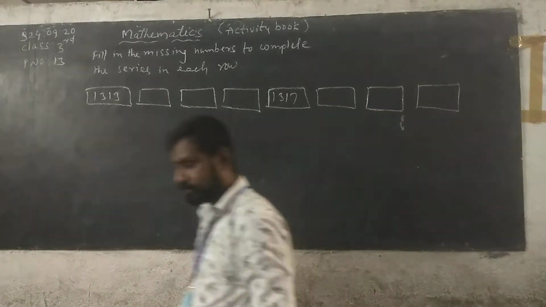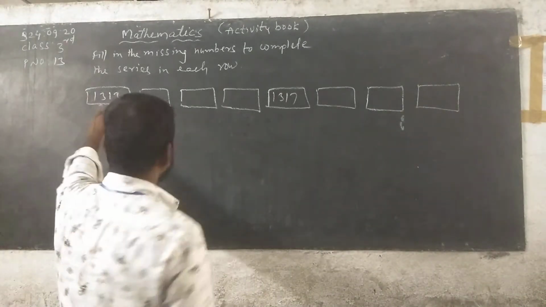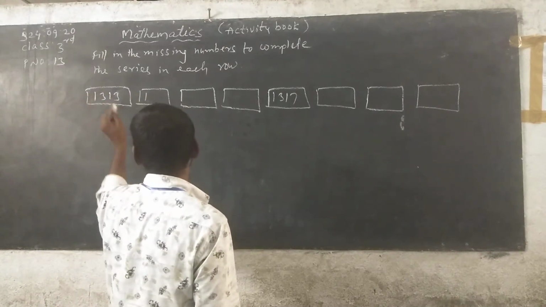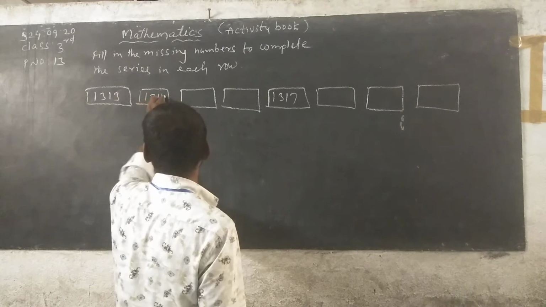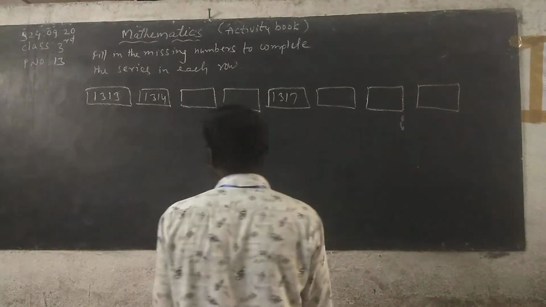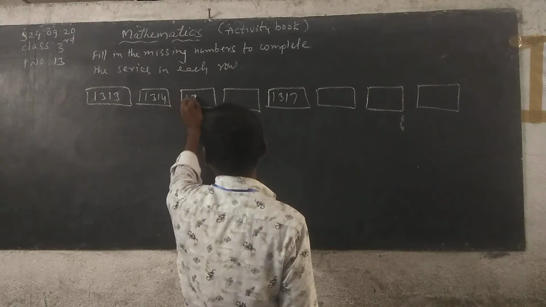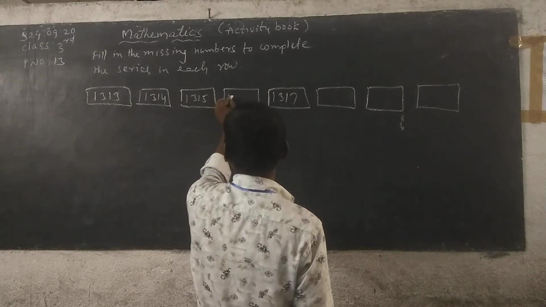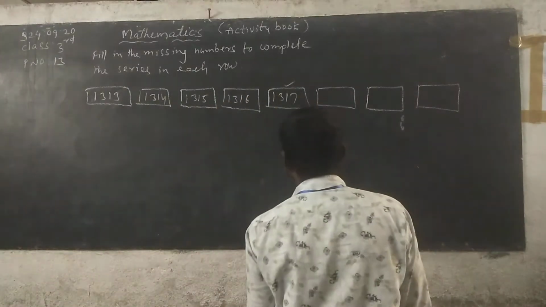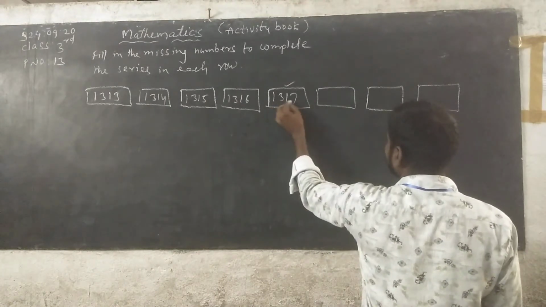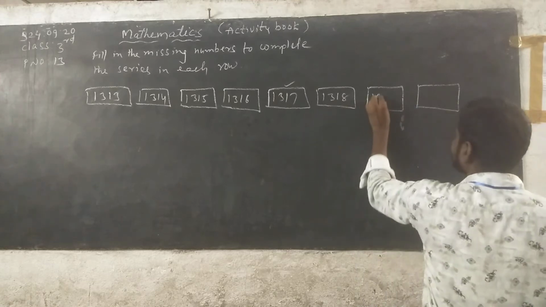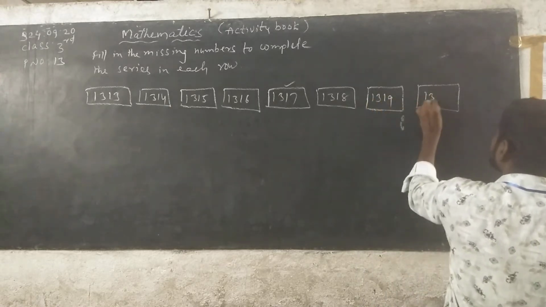See here, 1313 after 1314, 1314 after 1315, next 1316, 1317 already given, next 1317 after 1318, next 1319, next 1320.